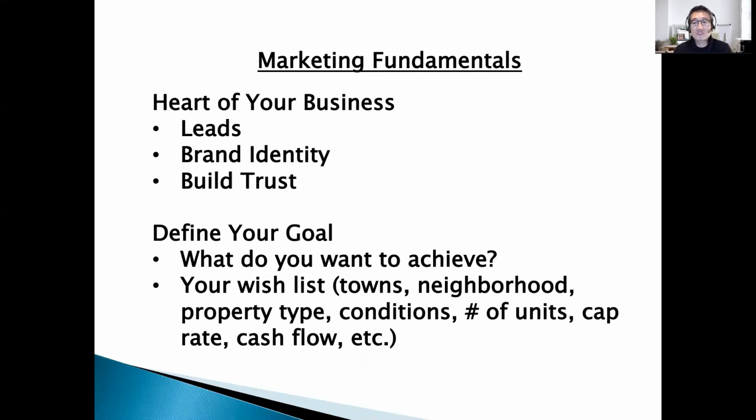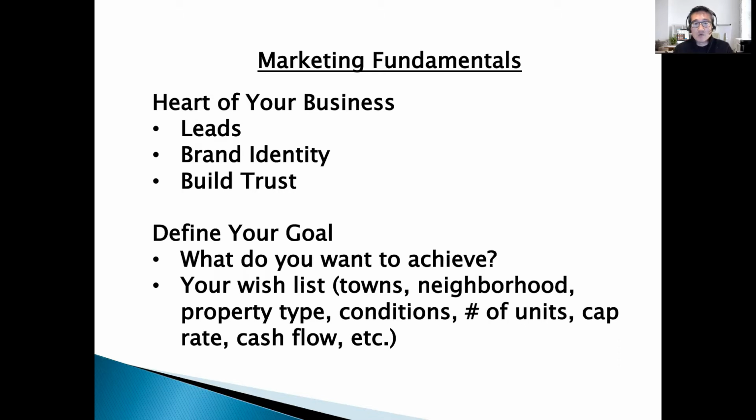And also you have to understand that marketing, done right, helps you build your brand identity, and especially nowadays with social media and online, you can do that very easily.